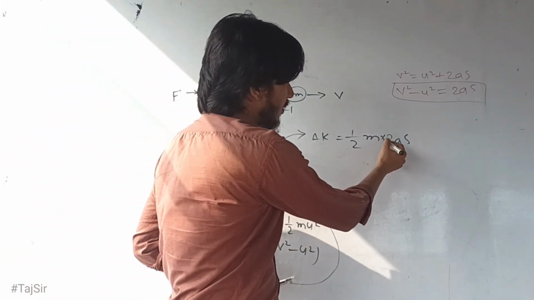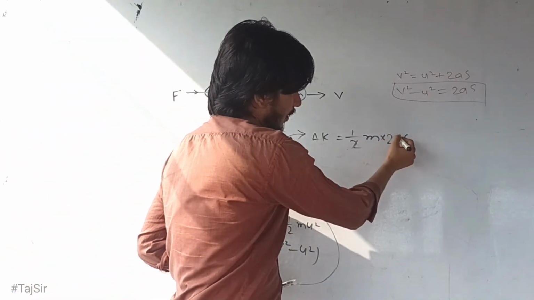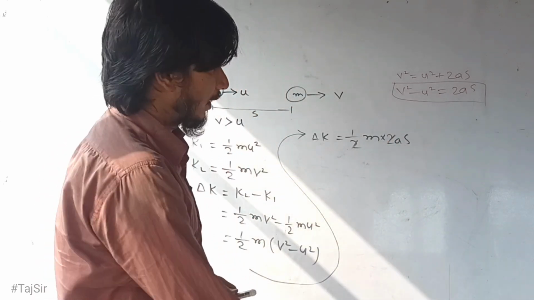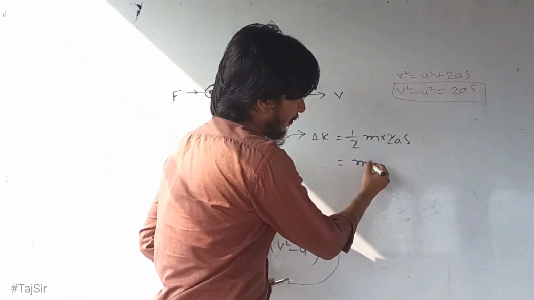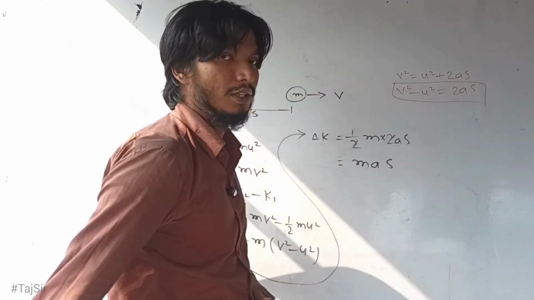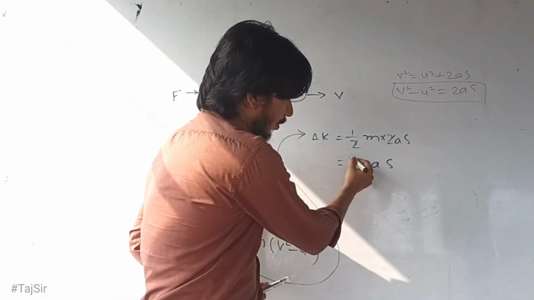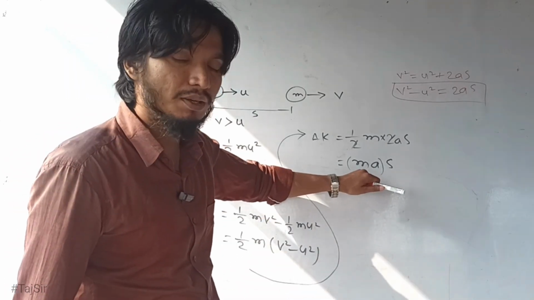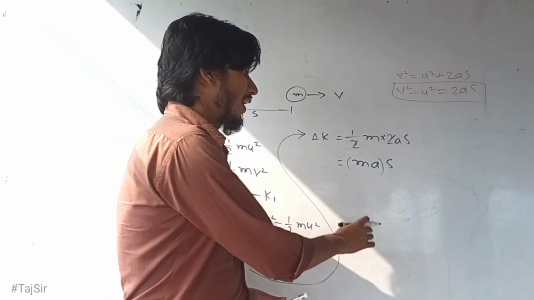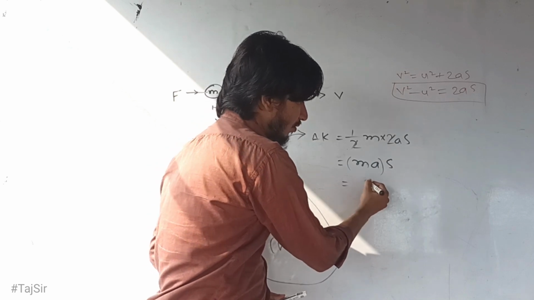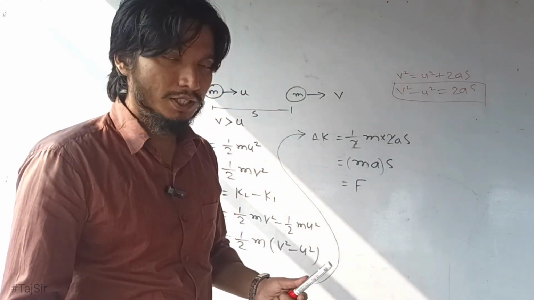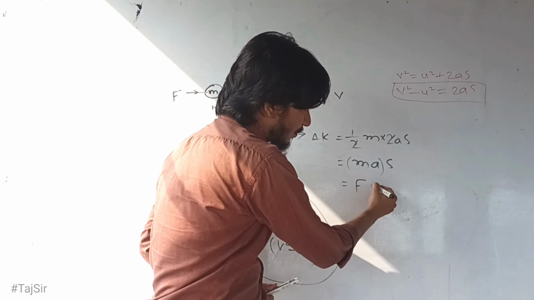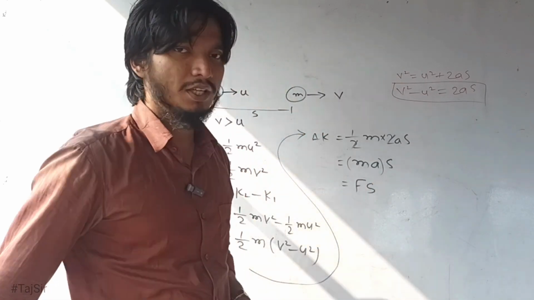So this 2 gets cancelled, and now we are left with m a s. We know m is the mass of the object, and mass times acceleration gives us force, and s is the displacement, so F into s.